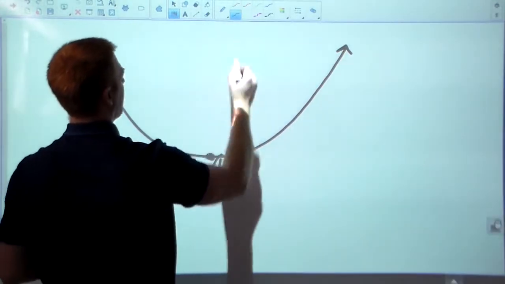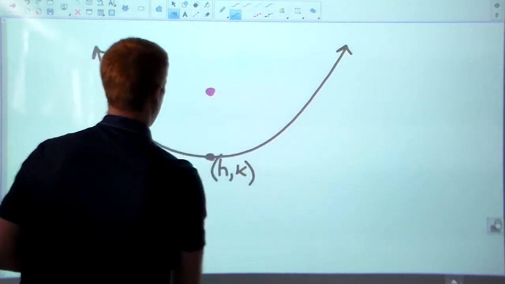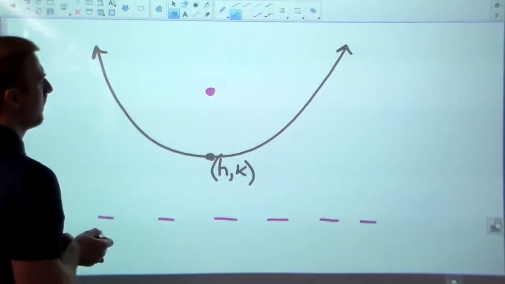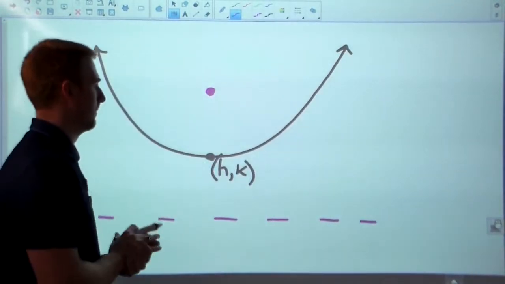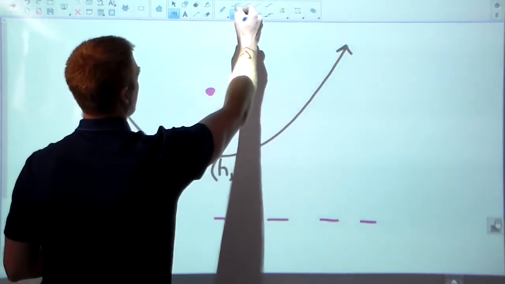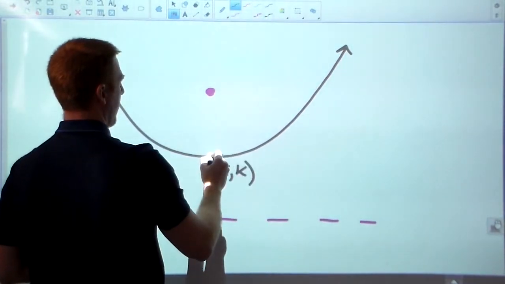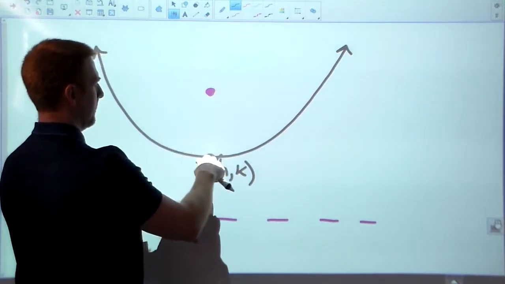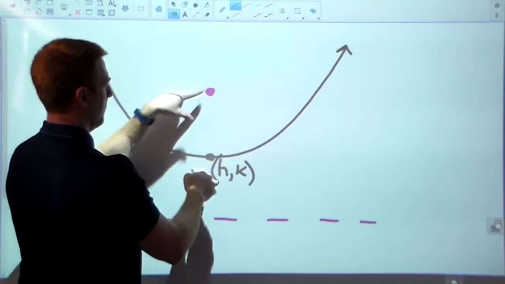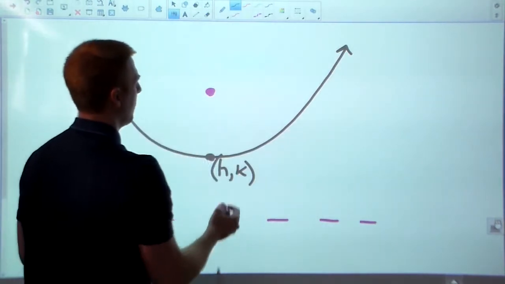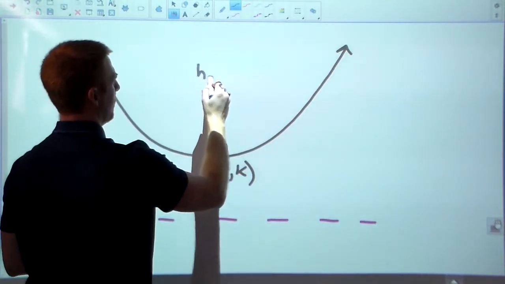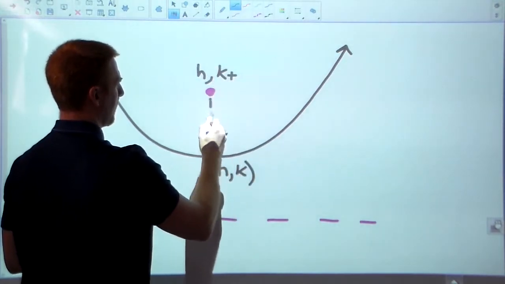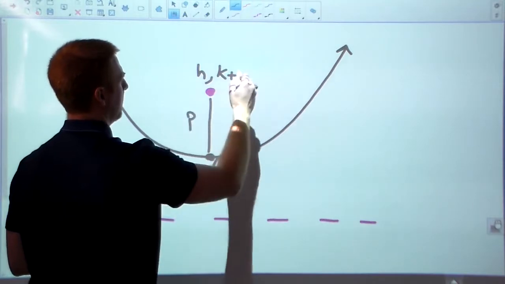The other thing I'm going to add in is the focus and the directrix. And again, I'll formally define all that stuff soon. The focus and the directrix are the exact same distance from the vertex. They're both the same distance, one's above, one's below. So this point is also h, but then it's k plus, and I'm going to call this distance here p.